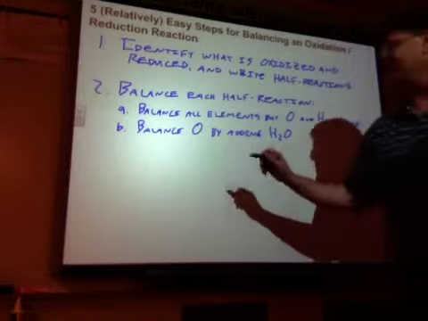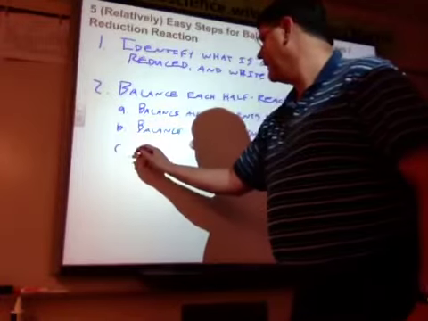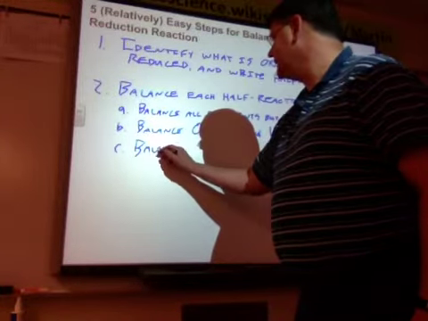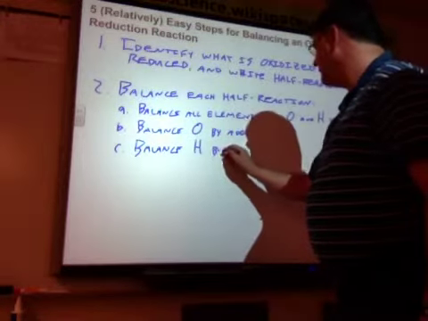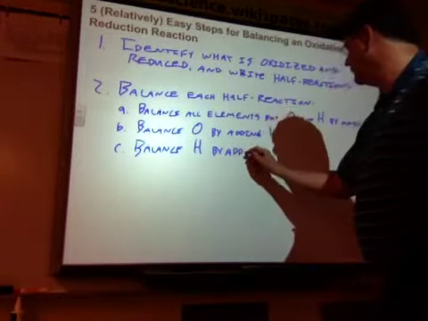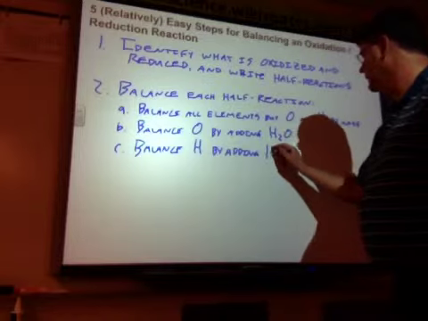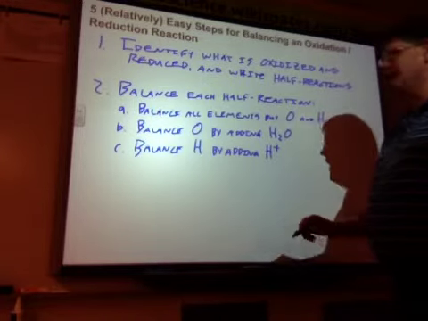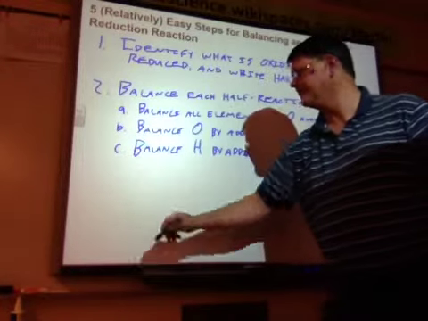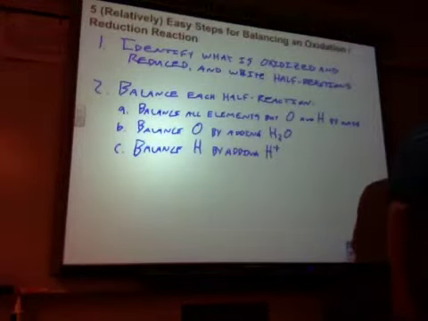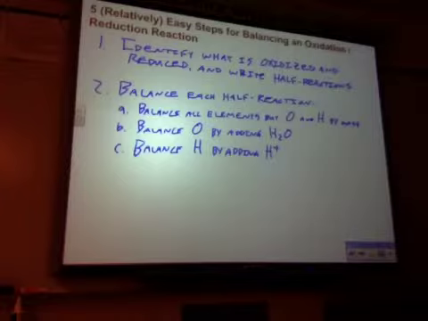So that's sub-step C. Balance hydrogen by adding hydrogen ion, H+. Okay? Of course, by adding H+, now you're introducing charge.